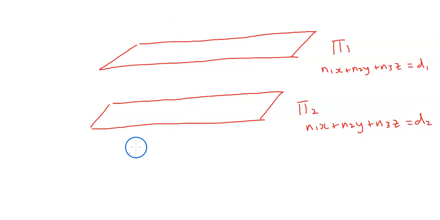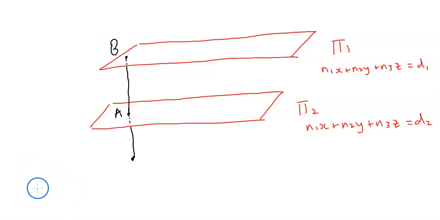And suppose both the planes are on one side of the origin like this, then let's go ahead and project our normal vector up like this. And suppose it intercepts the first plane here at A, and then it intercepts the second plane here at B.